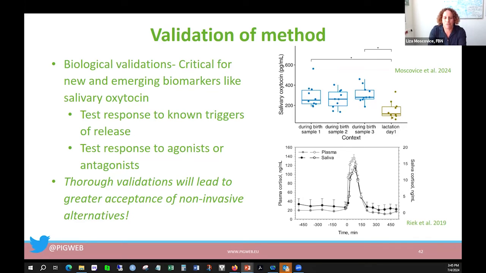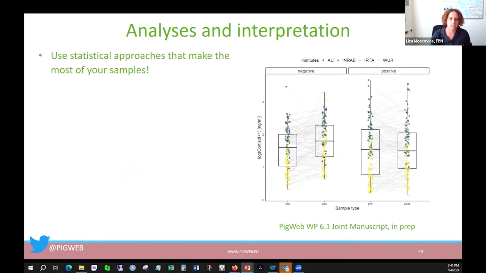And so if we care about these methods becoming more widely accepted and actually figuring out what are the limitations and the potentials, we need to also be doing the physiological assessments and the validations. So it's just my plea for more about that.